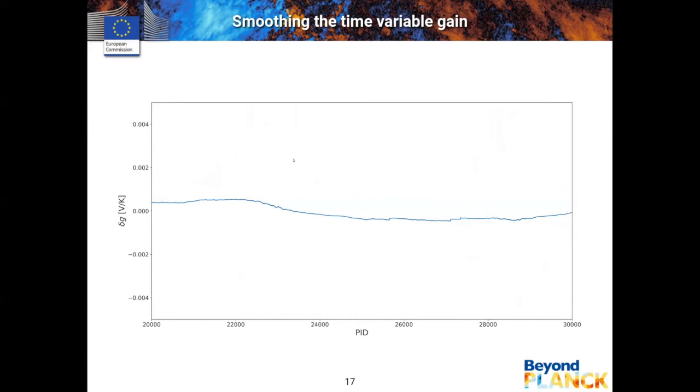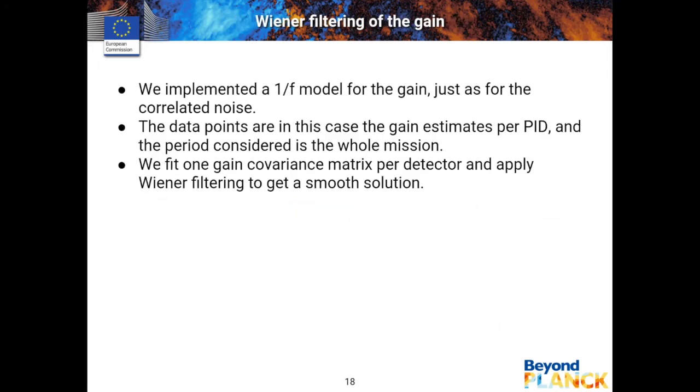Since then, we've been looking into whether we can do this in a better way, and so we wanted to introduce a model for how the gain behaves. So we have implemented a 1/f model for the gain, just as for the correlated noise, where the data points in this case are the gain estimates per PID, and we consider the whole mission. So we fit a gain covariance matrix per detector, and then apply Wiener filtering to get a smooth solution.